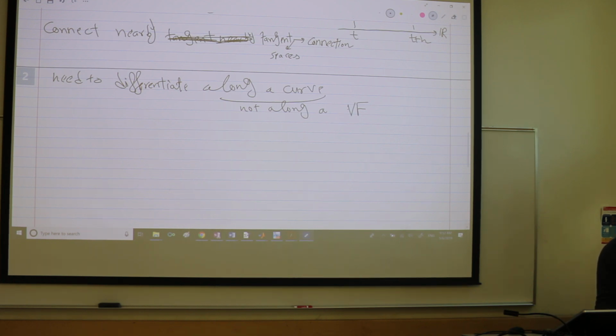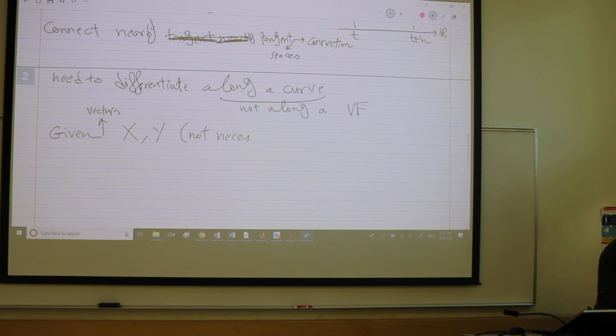So given two vector fields x and y, we need to differentiate what is, these guys are vectors, given vectors, but not necessarily vector fields.